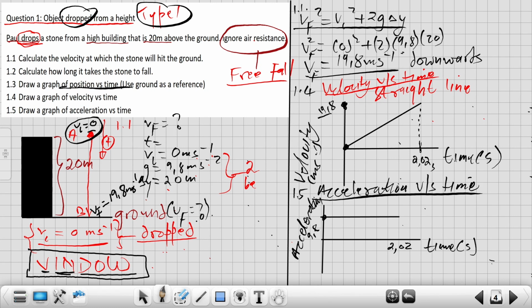But you can only do that effectively if you expose yourself to different types of questions. So this was the type 1 question. It is the basics. It emphasizes and shows us how to tackle different problems and how to apply equations of motion and the choice of direction.